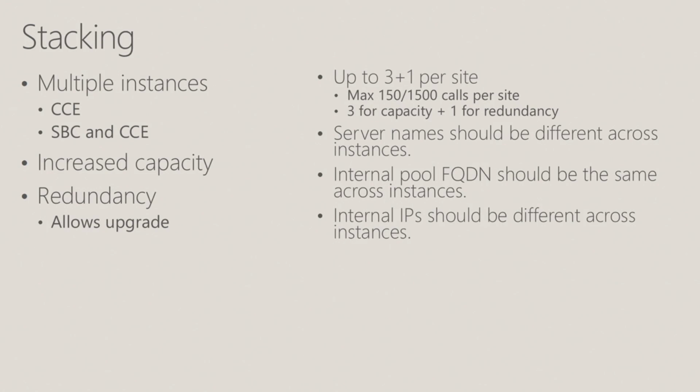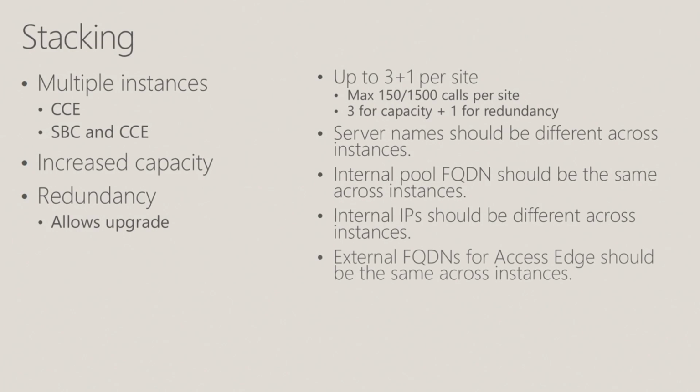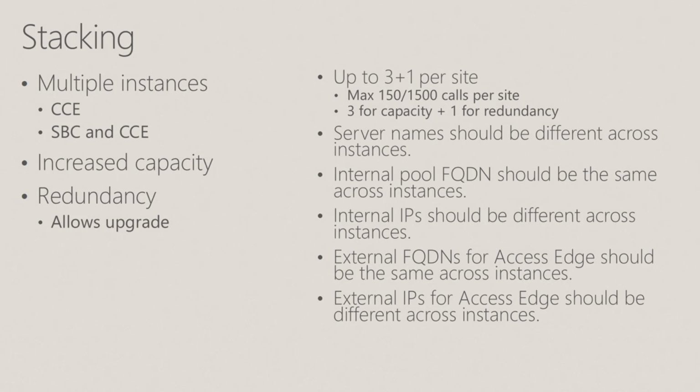Internal IPs, again, they must be unique, or you'll have a problem. But the fully qualified domain name must be the same. But they cannot all have the same IP address. So remember, I said you need 1 IP for 1 CCE. If you have a 3 plus 1, you need 4 IPs. But they all resolve to the same fully qualified domain name.